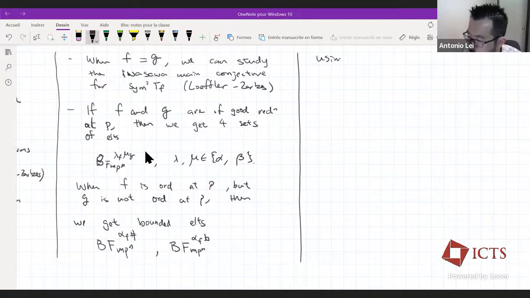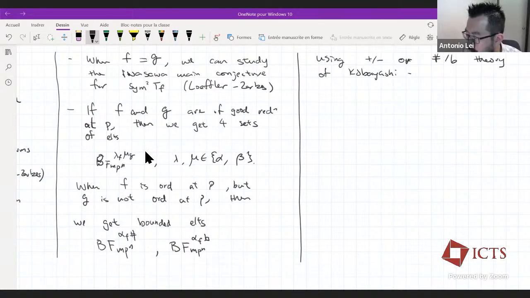So using plus minus or sharp flat theory of Kobayashi and Sprung. And so once you have some bounded elements, you can do something similar to before, you now have an Euler system, and then you can prove one inclusion of the signed main conjecture.